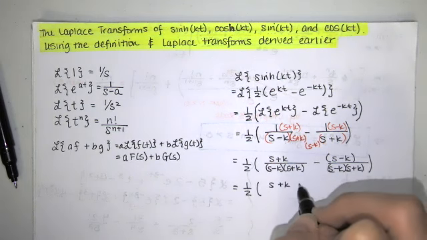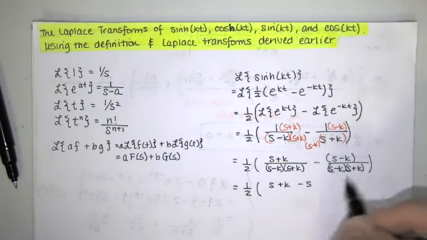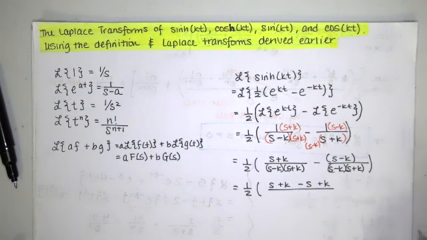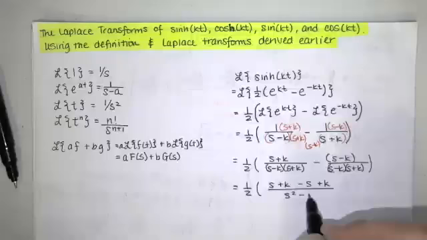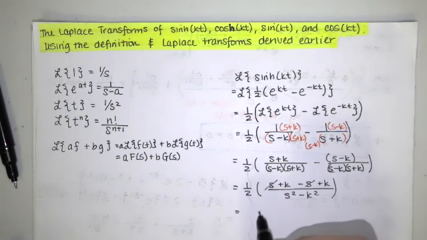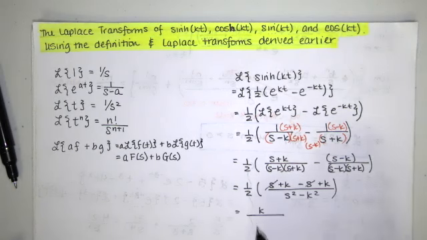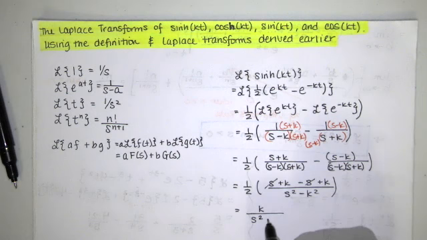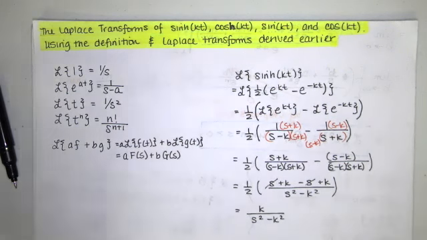And if we distribute that negative there, we have minus s minus a -k is plus k, over this s minus k times s plus k, which we know is s squared minus k squared. The s is reduced, and we end up with 2 k's in the numerator. We want half of that, so we're going to have a single k in the numerator. So the Laplace transform of the hyperbolic sine of kt is k over s squared minus k squared.